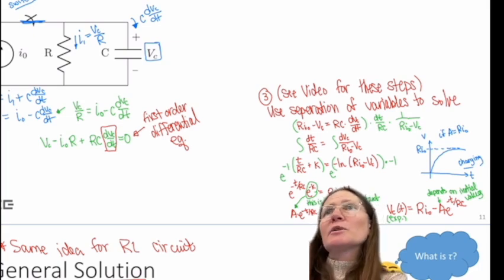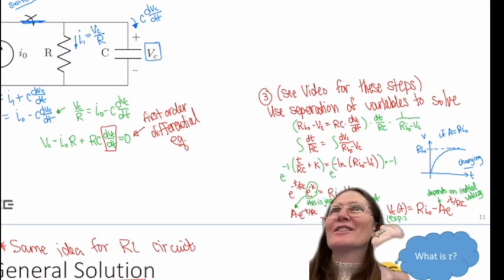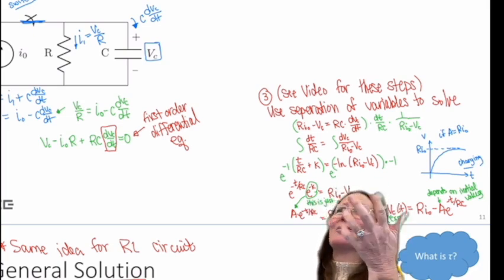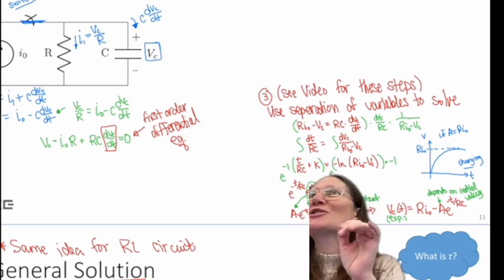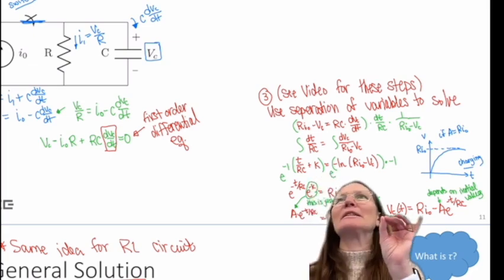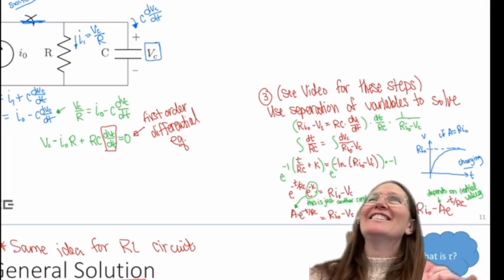For every element we have in a circuit, we're going to get one order of differential equation. So if you have 3 capacitors, 2 inductors in your circuit, you're going to get a 5th order differential equation. These are not pretty to solve in the time domain. So we're going to learn techniques on how to not solve them in the time domain.